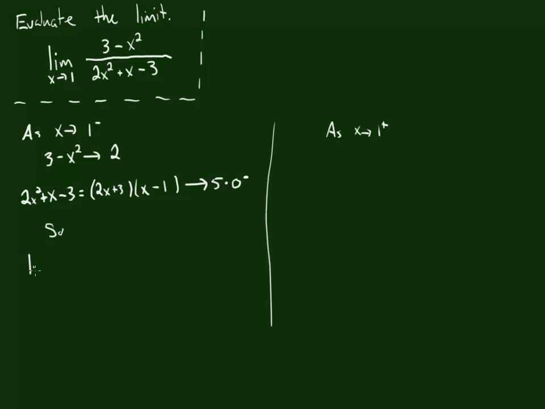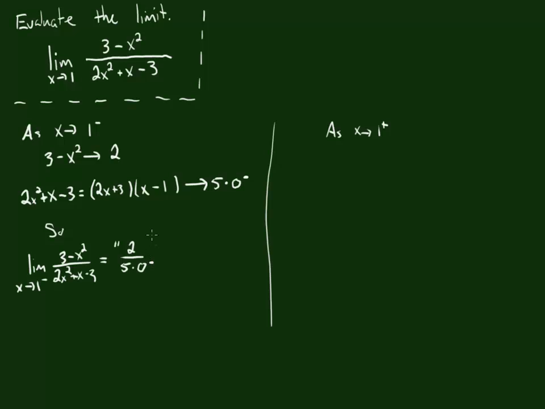So if I want to find the limit of 3 minus x squared all over 2x squared plus x minus 3 from the left-hand side of 1, we're going to view this as 2 all divided by 5 times 0.